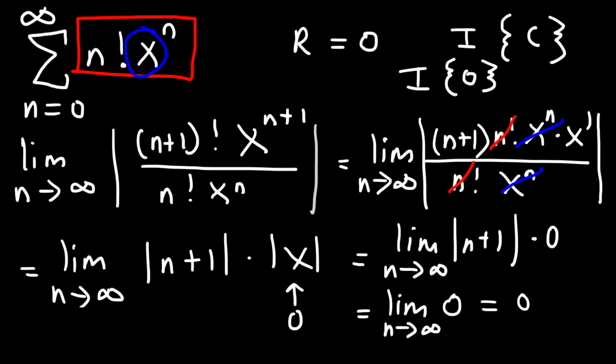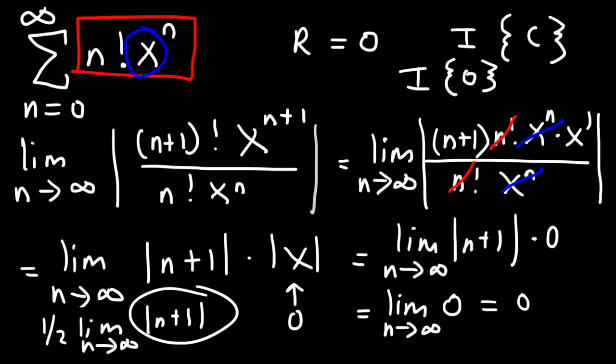Now, if x is anything else but 0, let's say x is a half, 1/2 times the limit as n goes to infinity of n plus 1, well, this is going to go to infinity, and if you multiply that by a half, the whole thing is still going to be infinity. Half of infinity is infinity. So if x is any other value than 0, the limit will go to infinity, and so it's going to diverge.